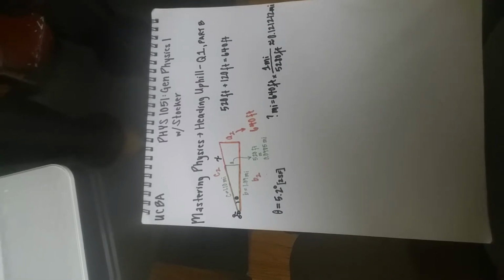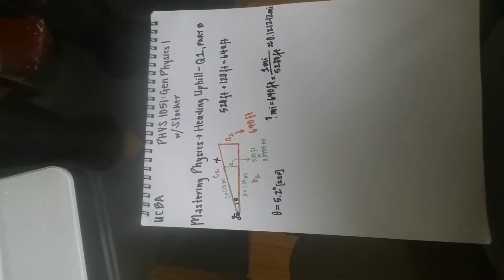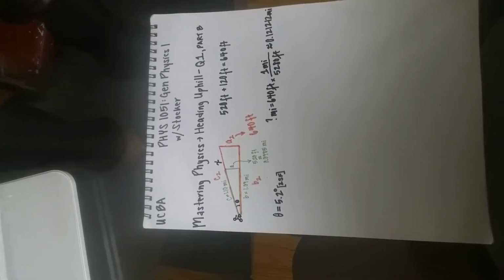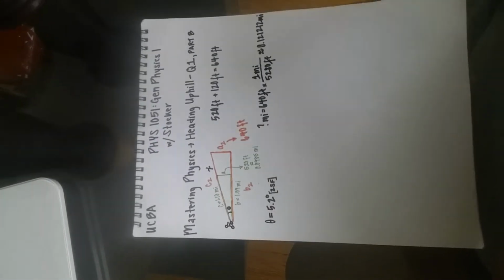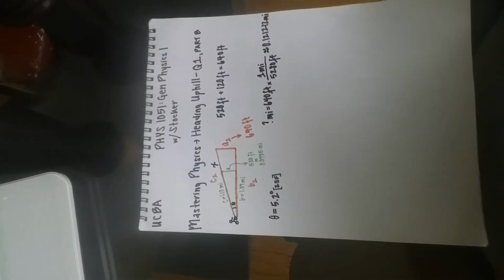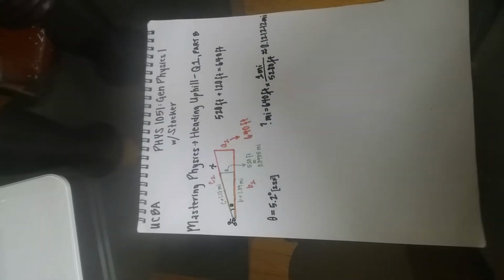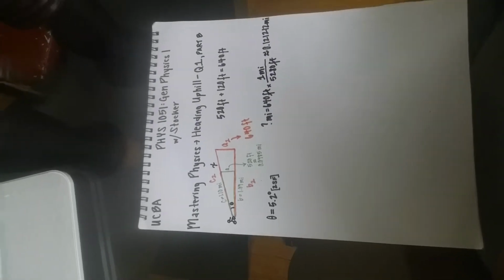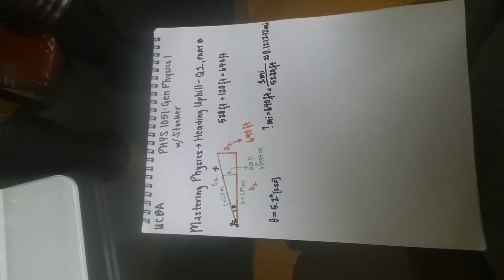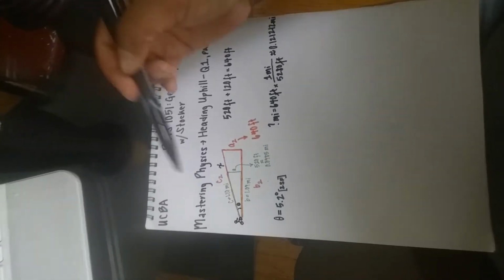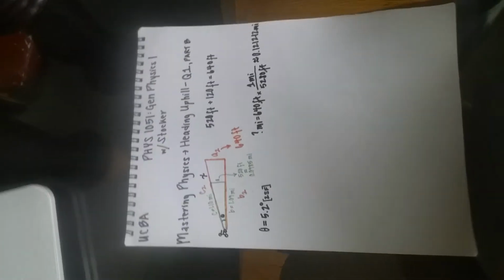And then from there, since we already have our angle of elevation, which was 5.2 degrees, which is our angle theta, I went ahead and used the sine function in order to find the hypotenuse, which would be side C2 of our new triangle.